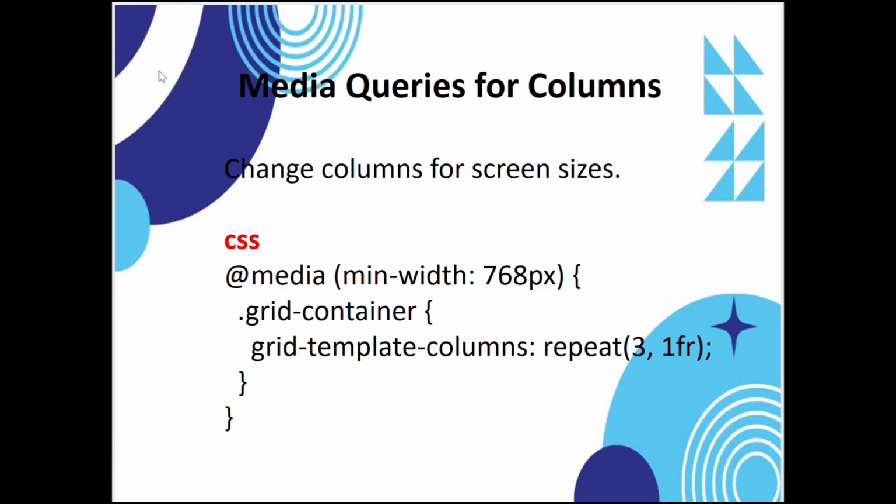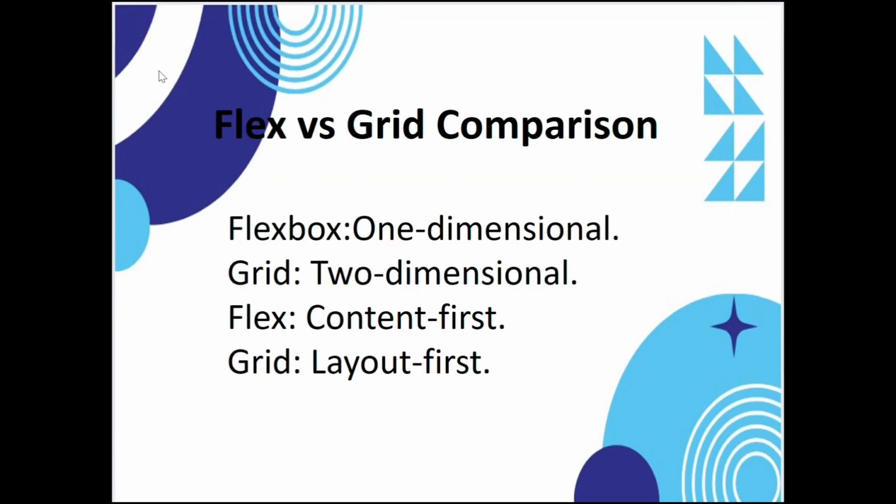Now let's see a quick recap about flex and grid, and then compare both the grid and the Flexbox. Flexbox is one-dimensional, where you use it for navigation, buttons or aligning items in a row or column. Whereas grid is 2-dimensional, ideal for full page layouts or aligning both rows and columns.